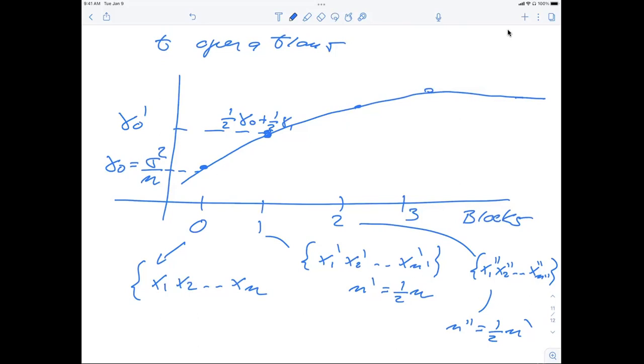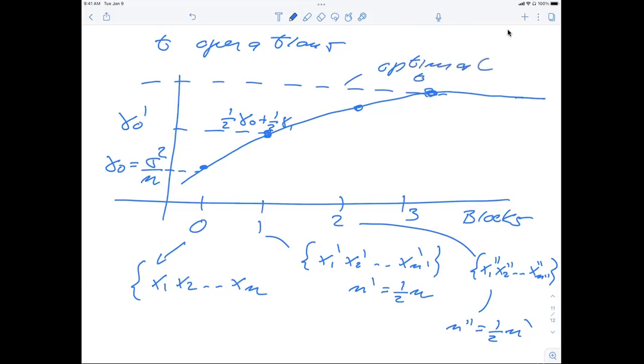So the blocking method, the way it was implemented by Flyvbjerg and Petersen in the original paper, was a method where you would simply now calculate the total variance as a function of the number of blocks. And when it reached a plateau, then you would say that I'm satisfied and I have reached the optimal value for my total variance.